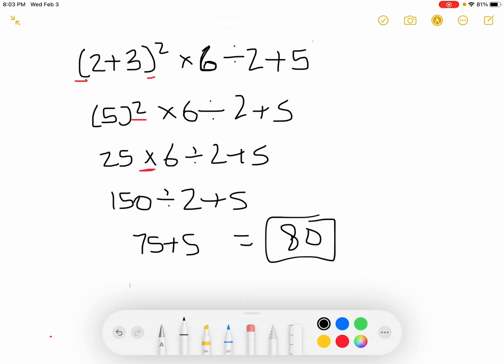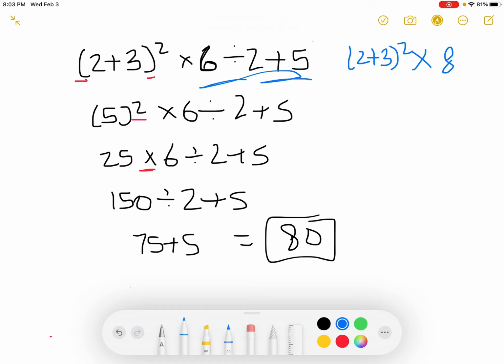Now, if we did things out of order, what would happen? I'll do things in blue if we did it wrong. Let's say we did 6 divided by 2 first, which is 3, plus 5, which is 8.